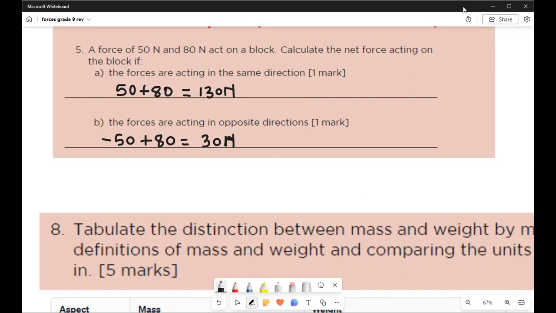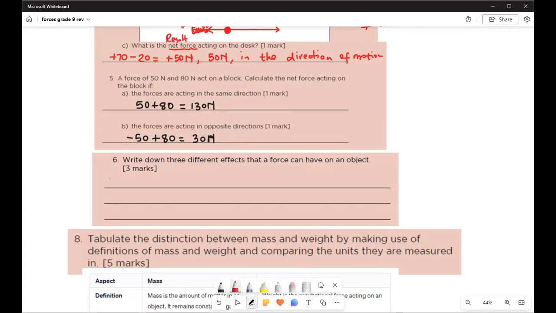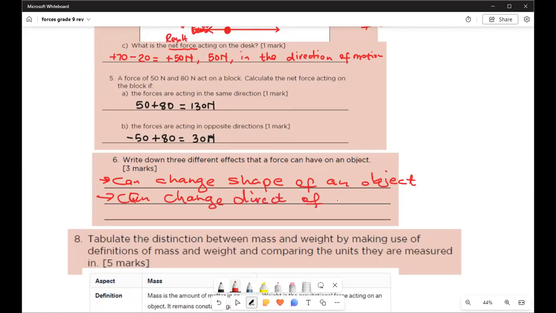So now let's check the next question. On this question, they want us to write down 3 different effects that a force can have on an object. Okay, these are pretty simple. We know that a force can change shape of an object. It can change direction of a moving object.